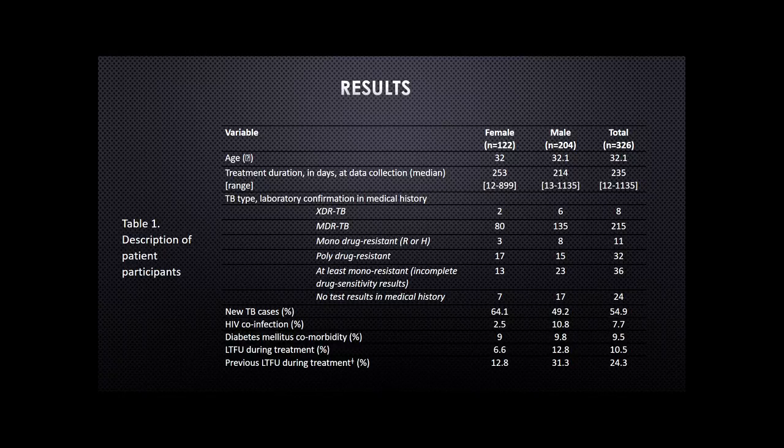As you can see, I had all types of drug-resistant patients in my sample. And I interviewed them wherever they were in their treatment. So some of them had been in treatment for a month, some for 6 months, a year, some of them were almost done. And you can see the prevalence of HIV in Peru is really low compared to many other countries. But we do have diabetes comorbidity that's actually growing in the country.